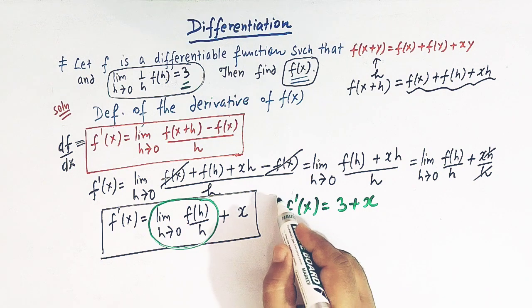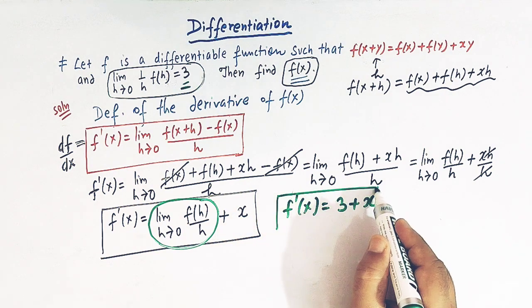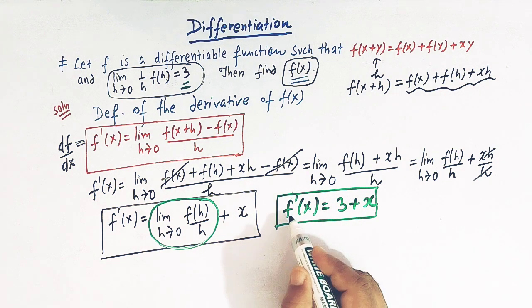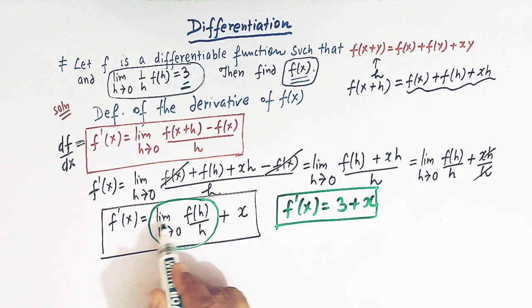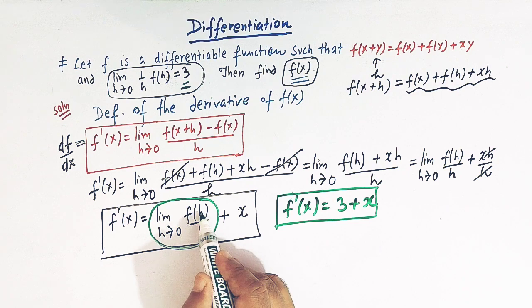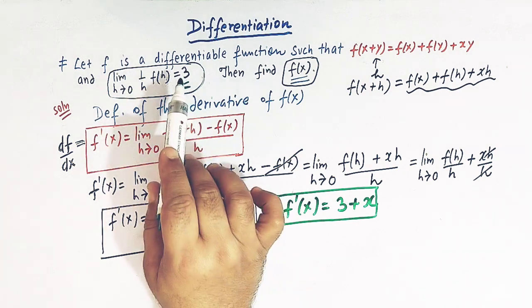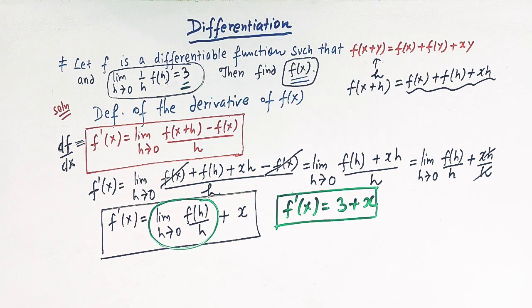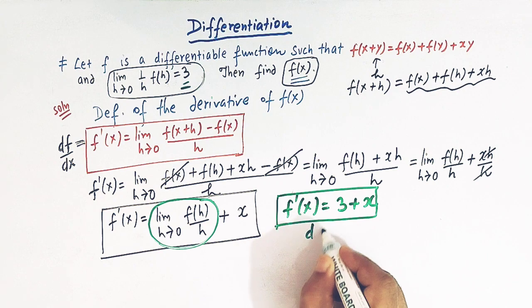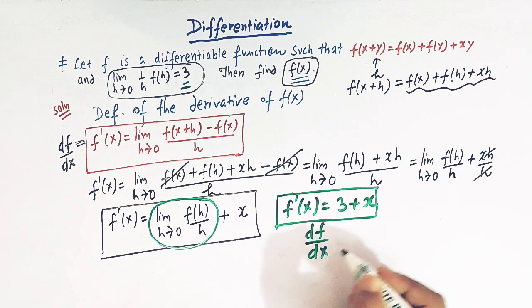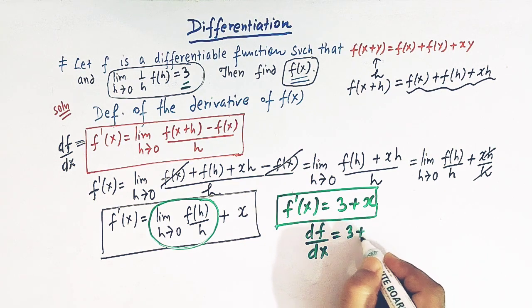So now we have got a differential equation: f prime of x is equal to 3 plus x, because the limit of f of h over h is replaced by 3. Let us replace f prime of x by df over dx, so we have 3 plus x.